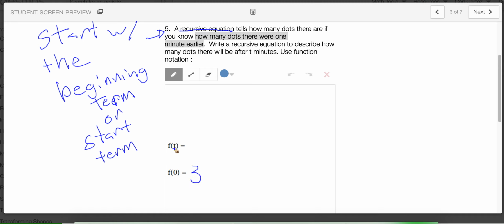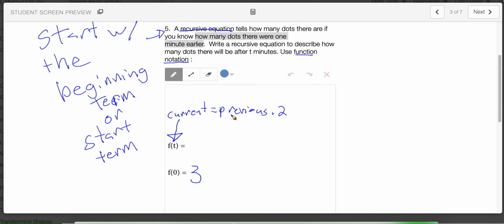And then this snowballs into f of t, where we don't just want to say that the current equals the previous times 2. Reason being is that we're now working in function notation. So f of t is going to stand for our current minute, whatever that minute is.